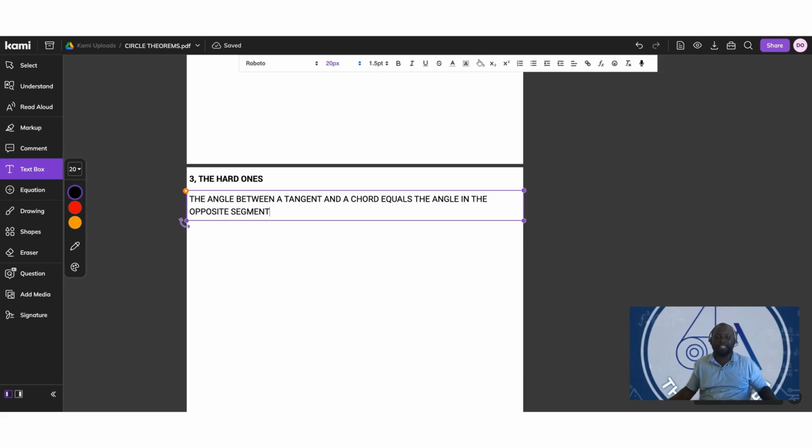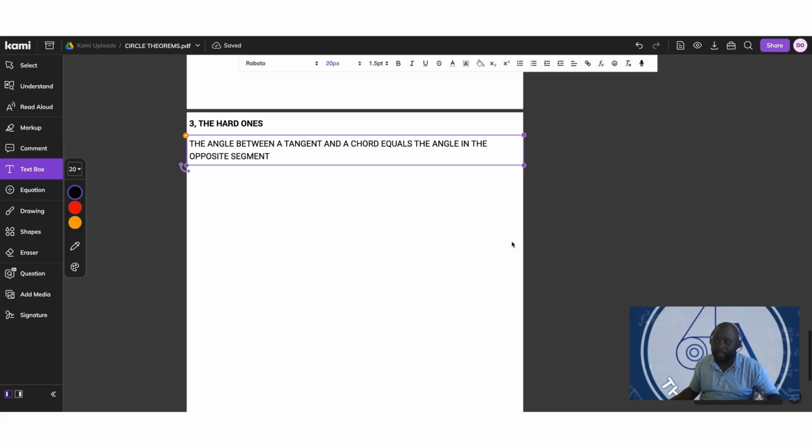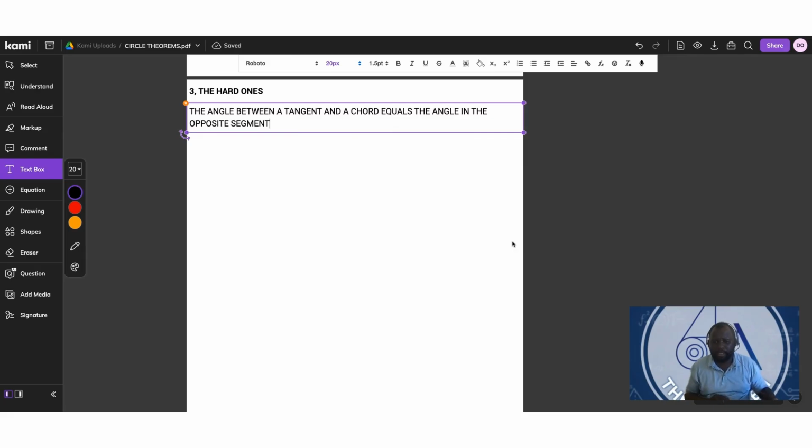Or sometimes we say angles in opposite segments are equal. Either of the two would be able to give you the same results. And sometimes we are not able to see this, or we are not able to find it more directly, so we struggle to identify where it is.